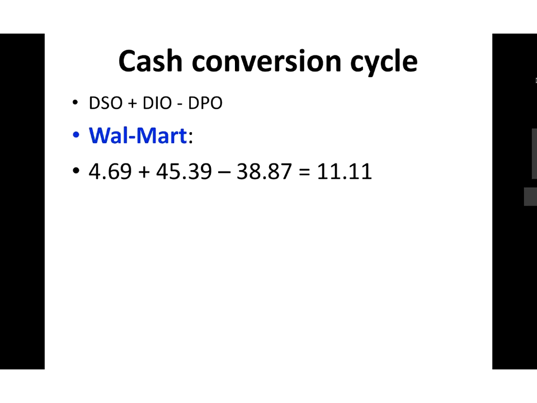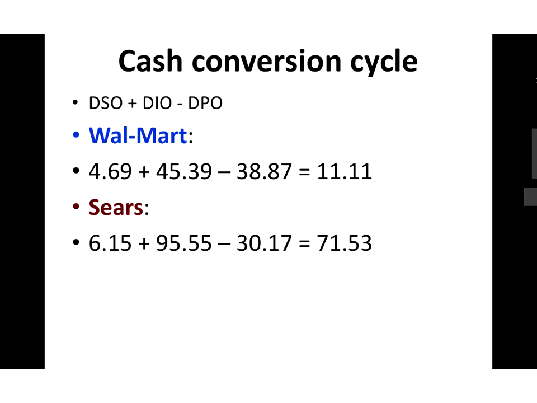So we're going to go back to Walmart's days sales outstanding: 4 plus 45 minus 38, 11 days. Walmart has a cash conversion cycle of 11 days, which is really short, which is good. So then let's go to Sears. We do it, 71. So here you start seeing some of the wide gaps between Sears and Walmart.